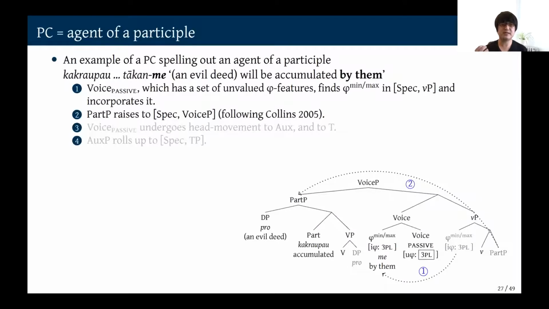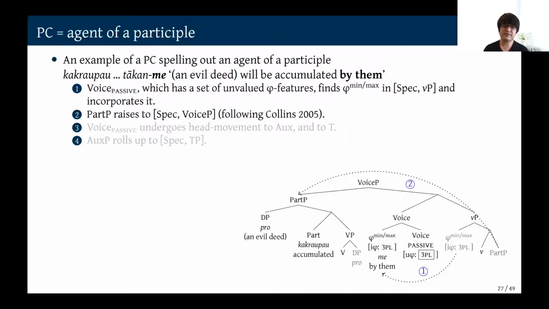The structure of this sentence is illustrated here. I assume that there is a functional head Voice, which is specified as passive, and this head has a set of unvalued phi features. So it looks for phi features, finds phi in spec small vP, and then this phi undergoes incorporation to this head.